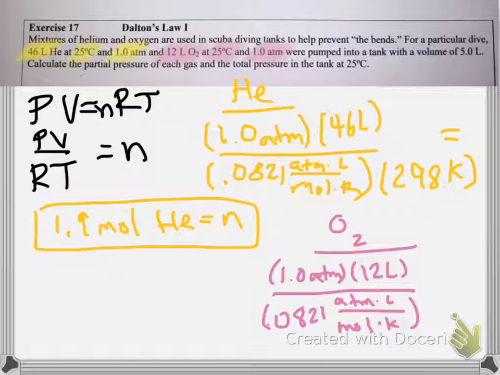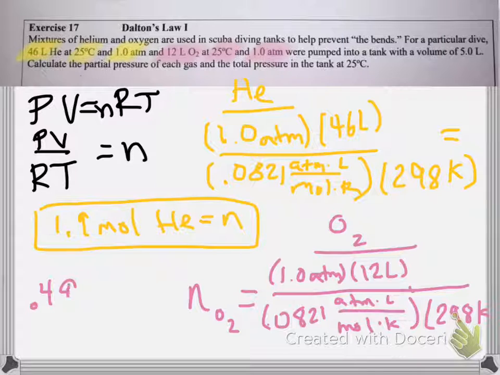And our temperature is again 25 degrees Celsius or 298 Kelvin. When we get the answer to this, we will be getting not our pressure, but our moles of oxygen. After plugging this in, hopefully you get 0.49 moles of O2.